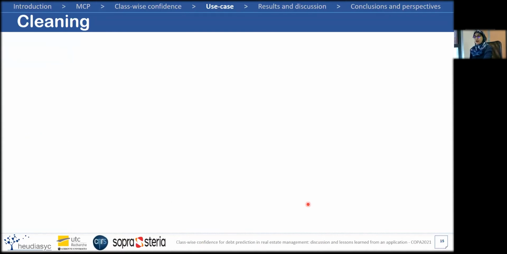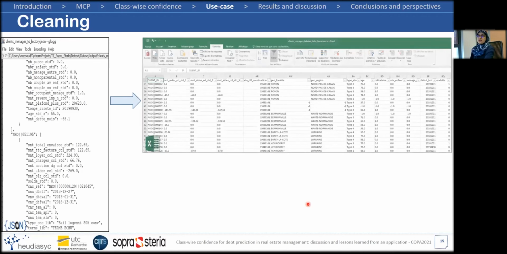So, more information about the cleaning. As I said, we have the history file JSON, and we also have the CSV, or the data sets, where we have one line for each example. Here are some of the cleaning processes that we did.